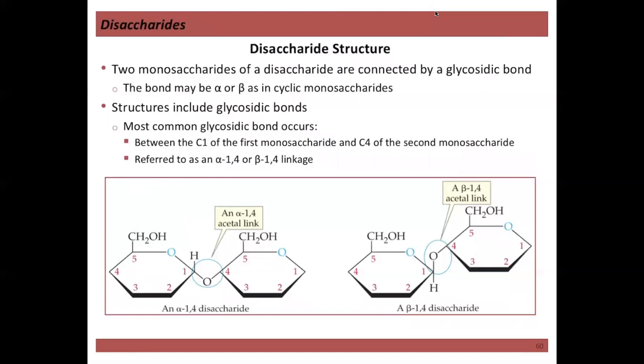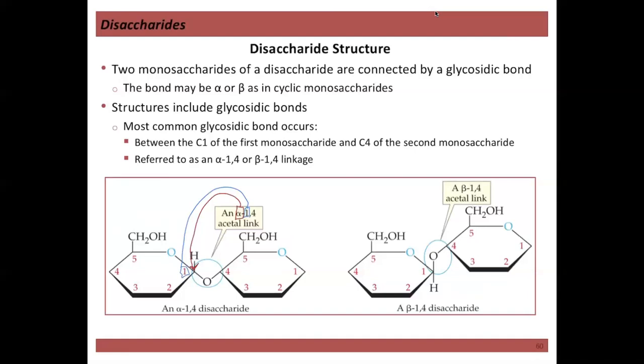The first part is the configuration at the anomeric carbon, so that's where the alpha comes from. The second part is what carbon we're linking from, the anomeric carbon, and in this case it is carbon 1.